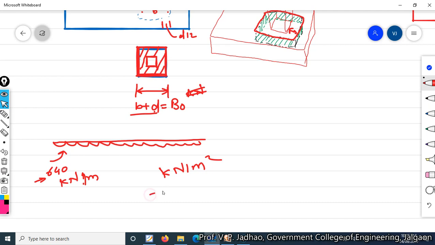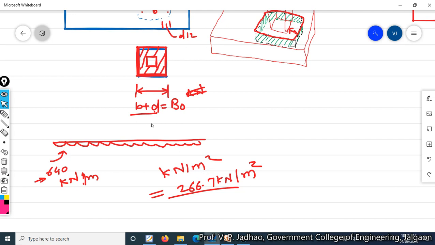The upward pressure is 266.7 kilonewton per meter square. So this is our factored soil pressure, and this is how we have to check the two-way shear.